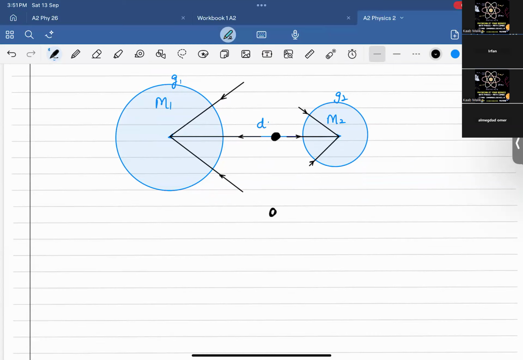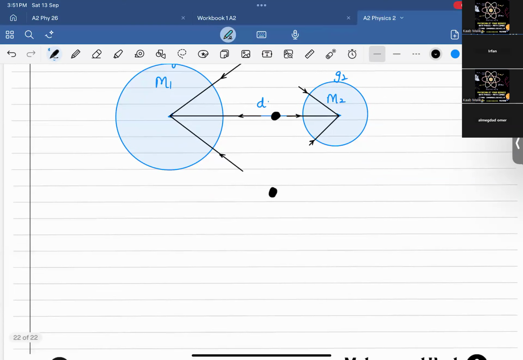If I just draw these two, the gravitational field strength due to one planet would be in this direction, of this magnitude, and for this planet would be of a higher magnitude, G1 and G2.